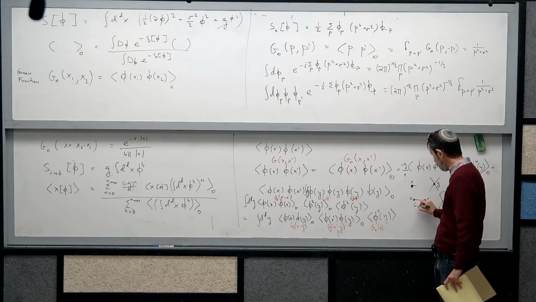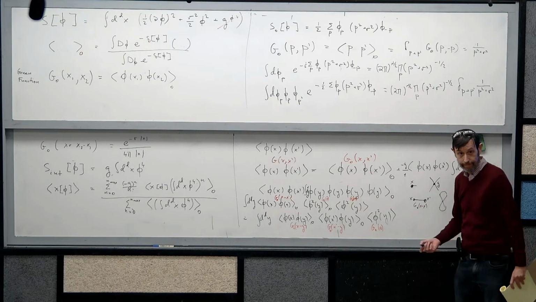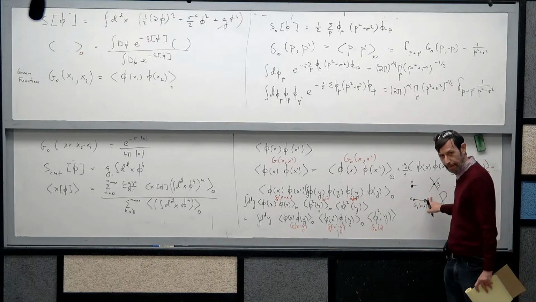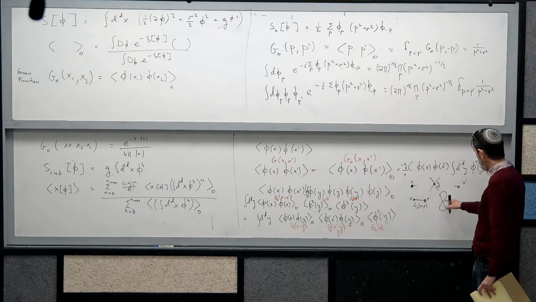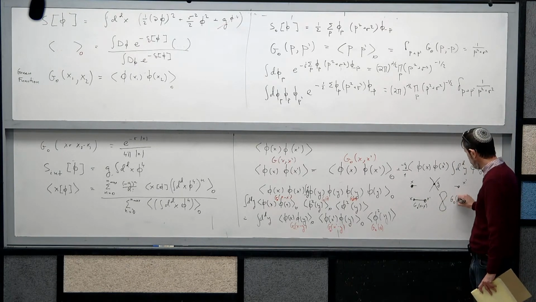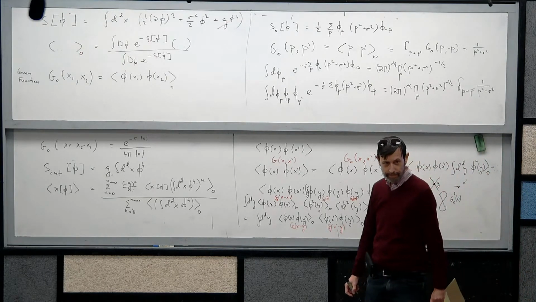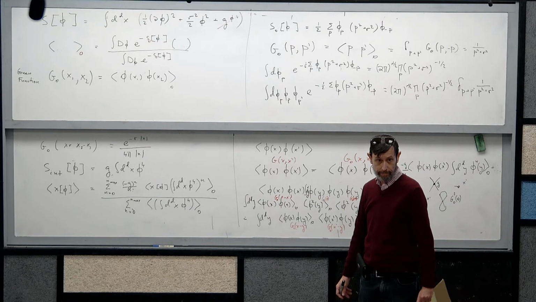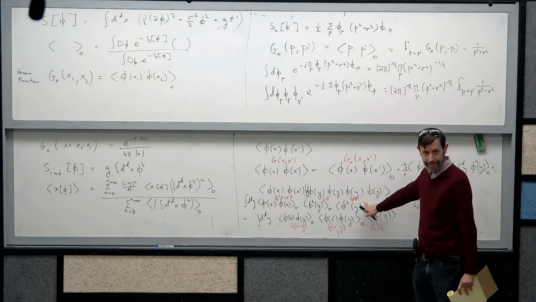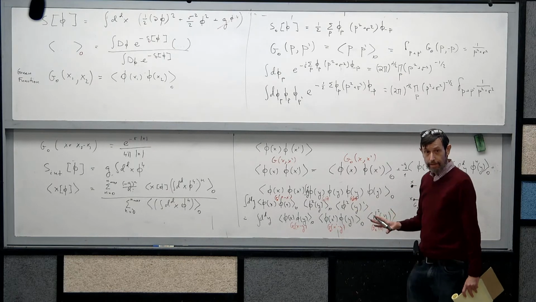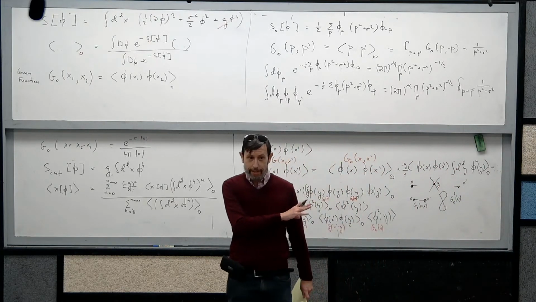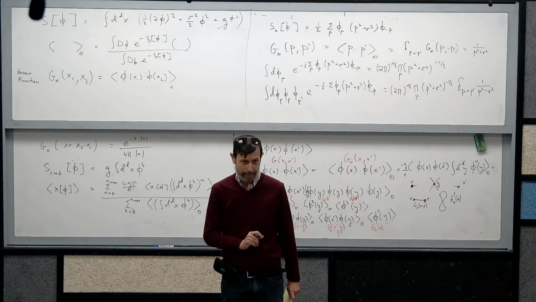G0 goes from x to x prime. And here twice it returns to itself. Exactly what's written here. It's no magic, it's just a way to keep track of what is happening here.